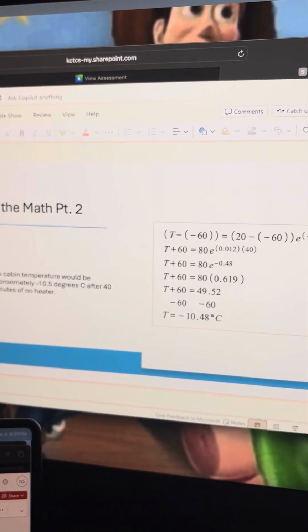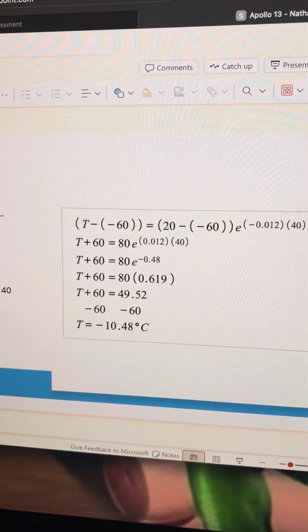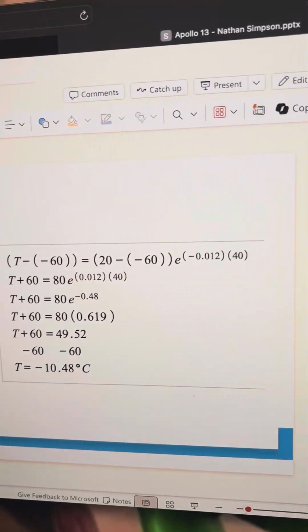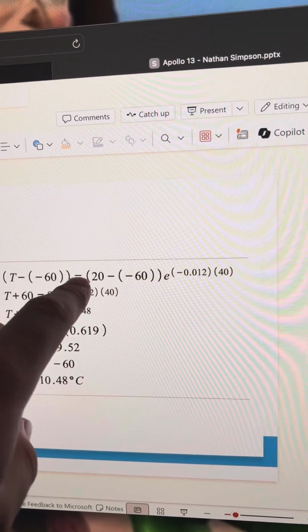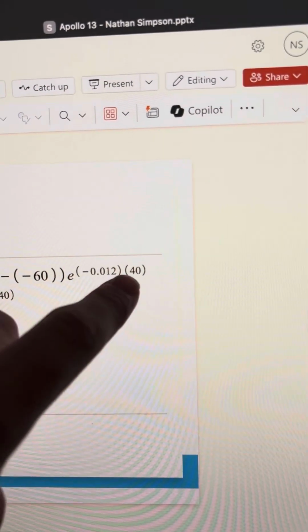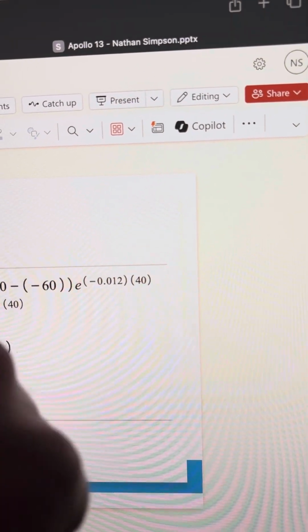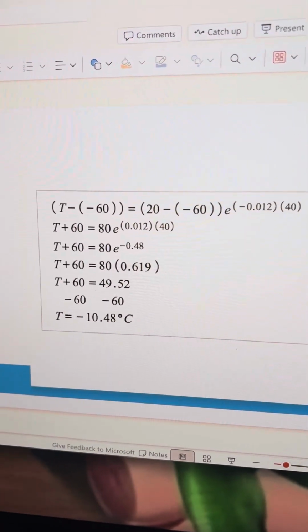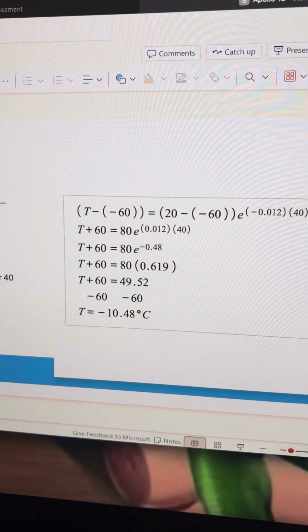So this is the math that we used. Now we're missing our ending temperature. We still use negative 60 because it's our climate temperature, and then our starting temperature, which was 20. Now we have the time, which we were missing in our first equation. So you just solve it down.